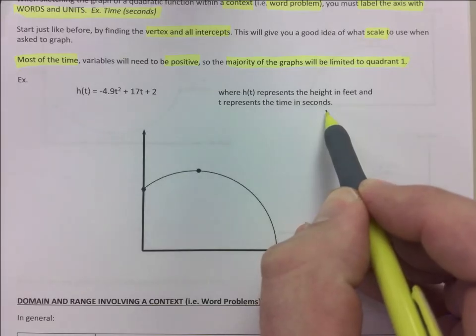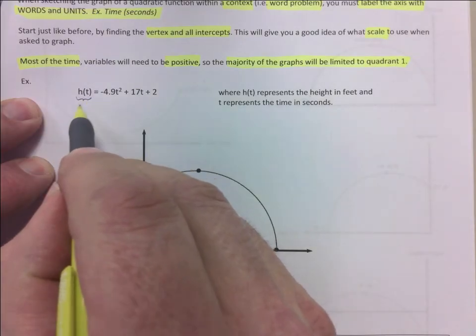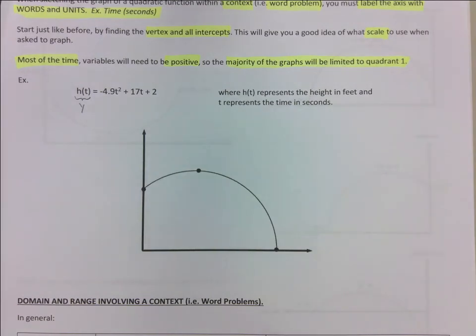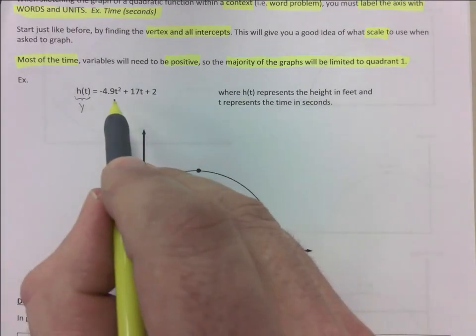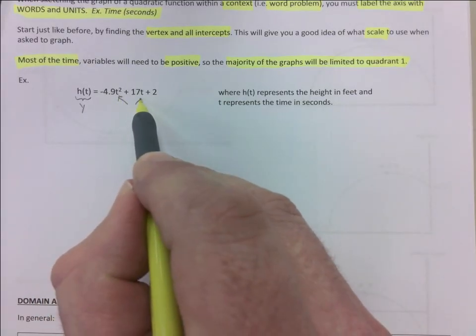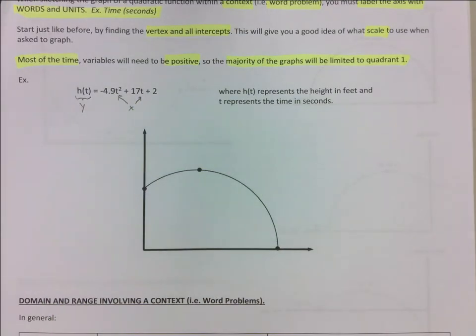Now, I want you to know that this is y every single time. That's your y variable. And this is x every single time. It goes on the x-axis. No exceptions. We'll never trick you there, okay?